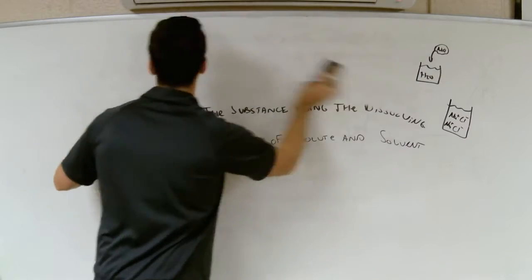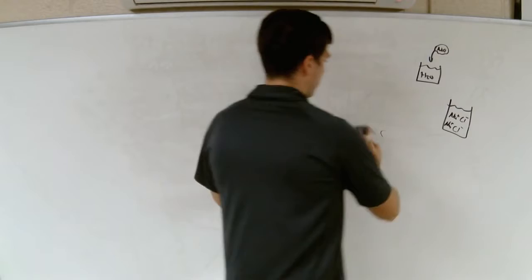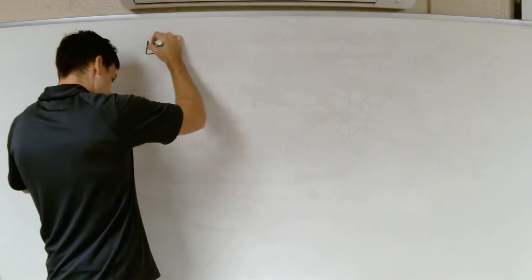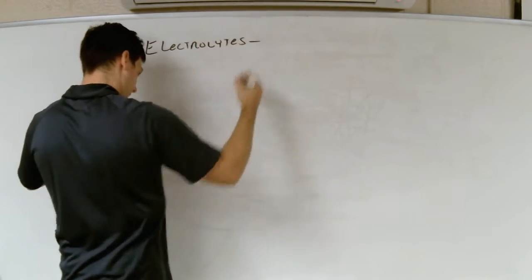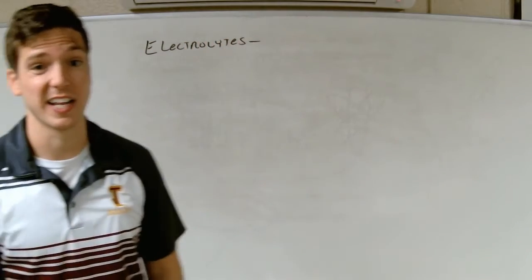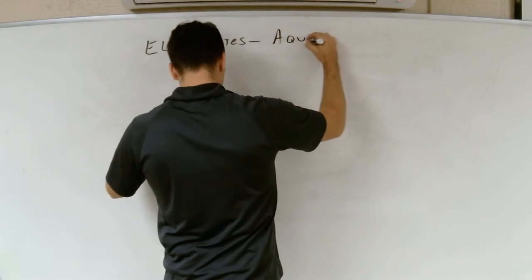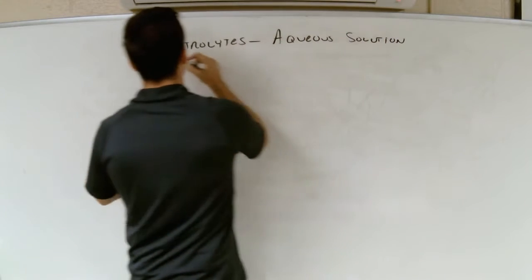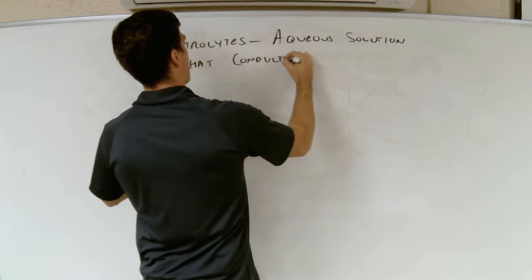And then it's time for a word that you've probably heard a lot, thanks to Gatorade, and that is electrolytes. Gatorade is an electrolyte, and all that is, is an aqueous solution that conducts electric current.